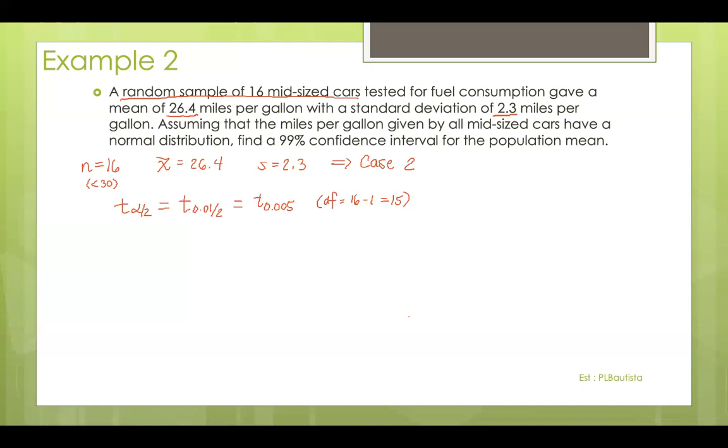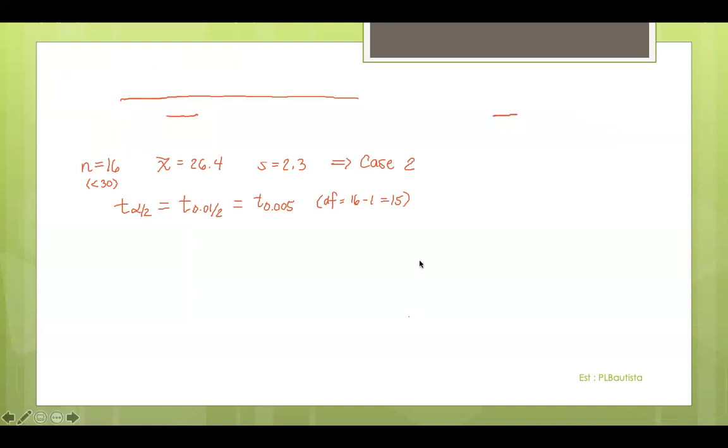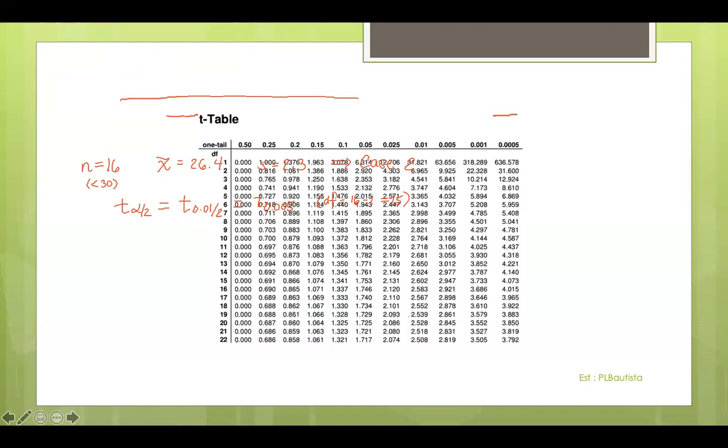Going back to our previous table, which I will show briefly, we just need to find 0.005 on the column and 15 on the rows, which will give you the value 2.947.